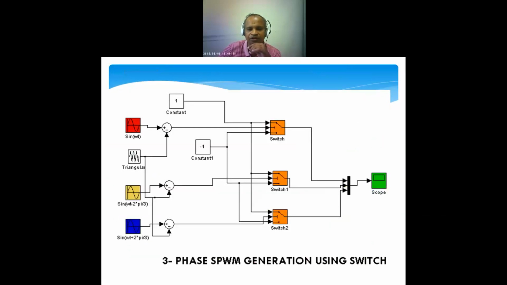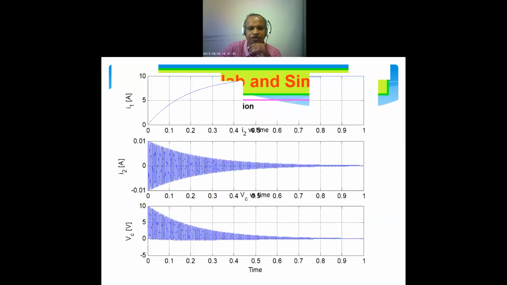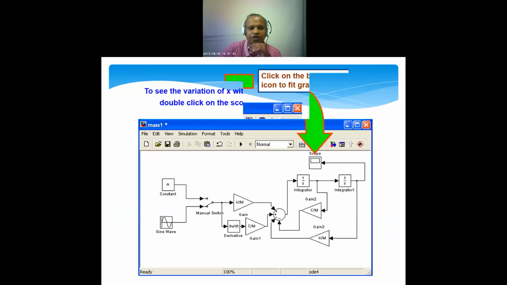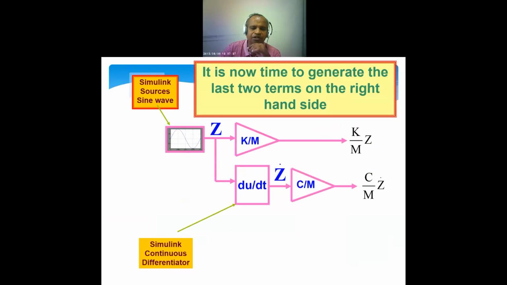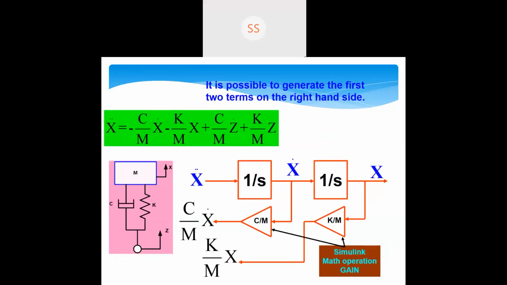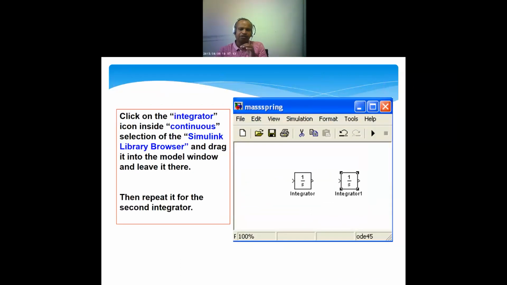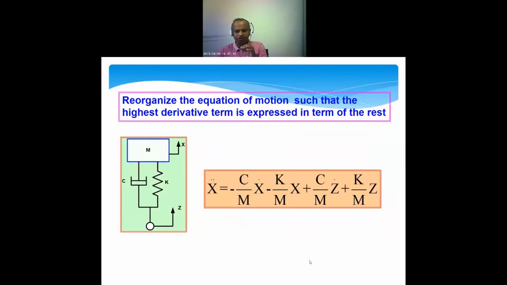Do you have MATLAB on your computer or not? We can also operate it online. You can do the mass spring one, and these equations are available also. Just take a second order differential equation and try to model this mass spring system.